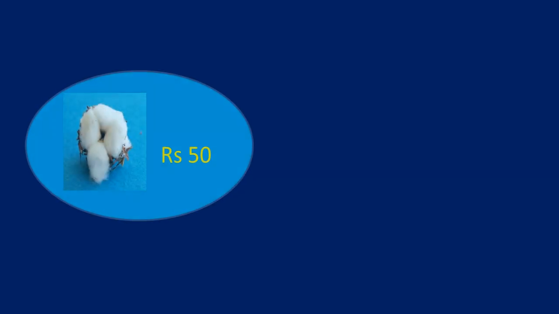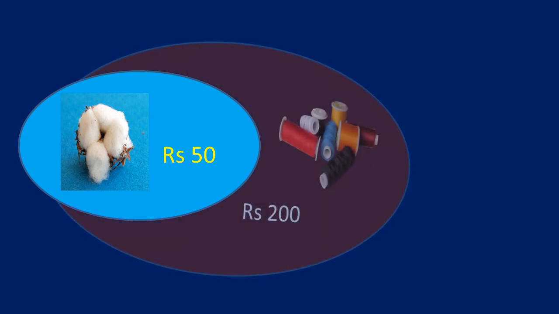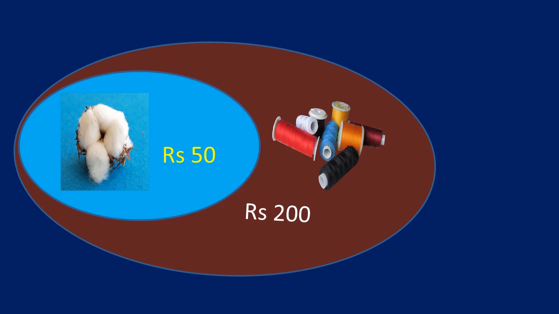In this example, cotton is treated as the raw material. Means cotton's output will become input of the thread or yarn, and whatever the thread or yarn output is will become the input for the clothes.